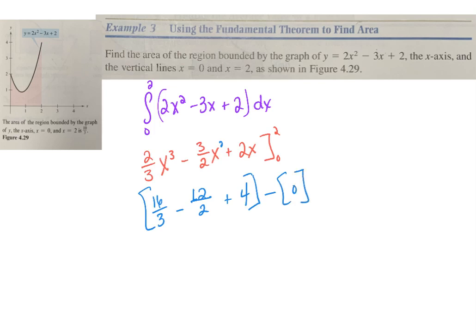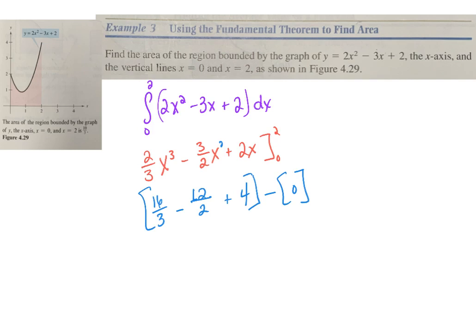I always write that because I don't want you to forget, if it wasn't a 0 there, you do need to plug it in. If the 0 is on the top, you don't need to subtract it. That's why I write it, because had it been like negative 2 to 0, it would have been 0 minus this answer, which does change your negative, positive, negative. But I always write it there so you don't forget that it is a 2-part problem in case you're not going from 0 to 2.